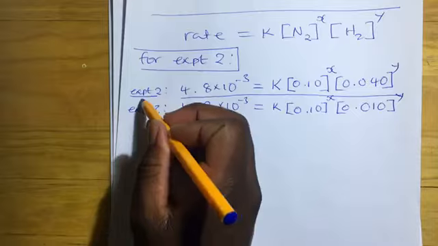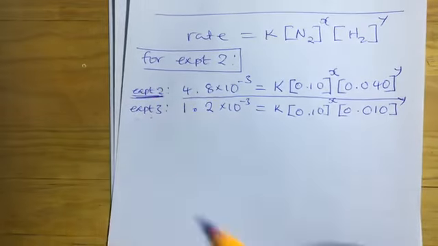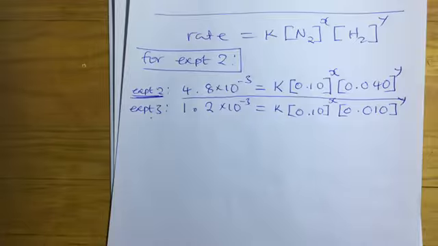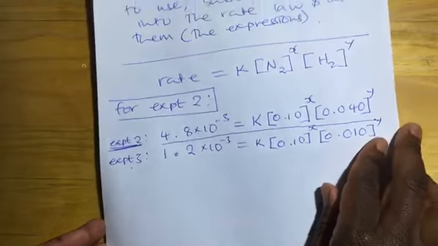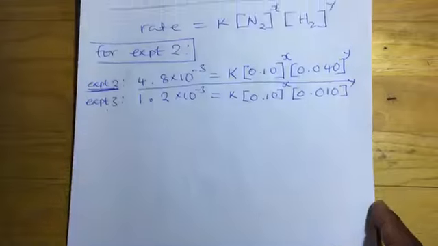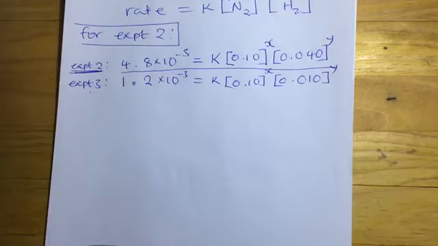This is basically experiment 2 divided by experiment 3. Okay. Let's go. Pay attention to this part. It doesn't really matter what brackets you use when substituting.